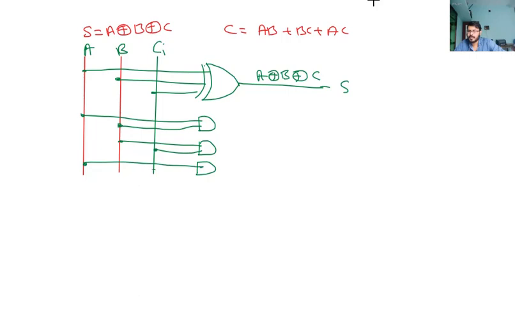A and C. Now these three AND gates should be given to an OR gate at the output. So we have an OR gate here. So this will be carry. So one is from here. Or an input, this three input OR gate. So this is the circuit diagram for a full adder.